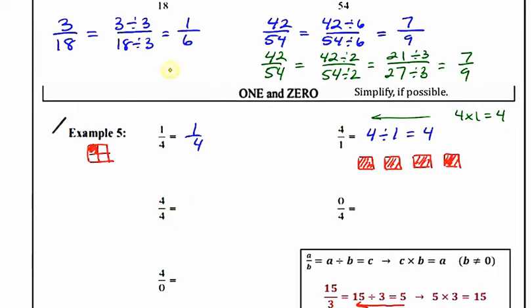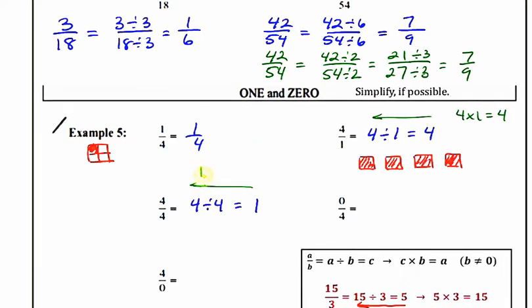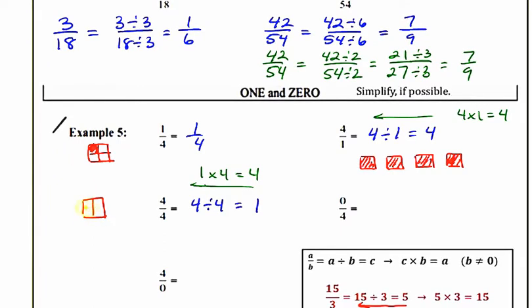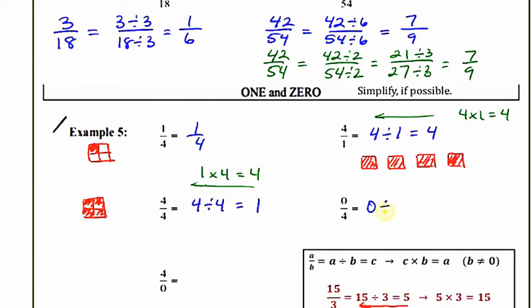Next we have 4/4, which means 4 divided by 4, which equals 1. Notice how the corresponding multiplication problem would be 1 times 4 equals 4, which we know is true. The model for this would be we'd have 1 whole, cut or partitioned into 4 equal pieces, and because the numerator is 4, we have 4/4, which equals 1 whole. Next we have 0/4, which means 0 divided by 4, which is equal to 0.